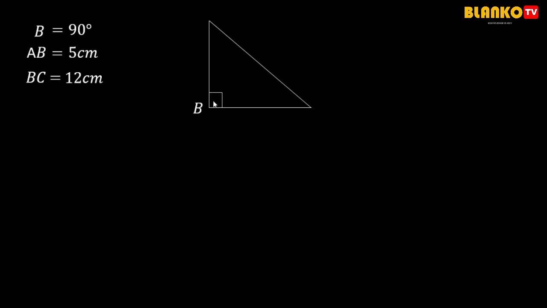So B is 90 degrees, and then we have point A and then C. AB is 5 centimeters, and BC is 12 centimeters. I hope you understand.